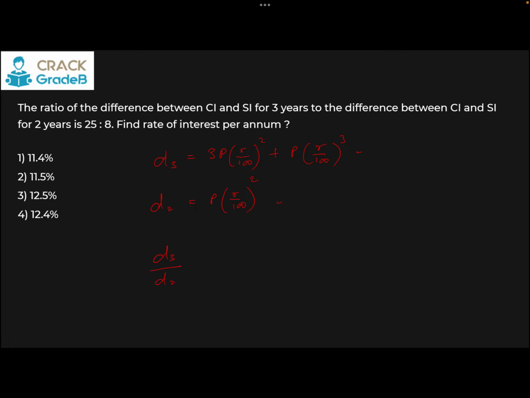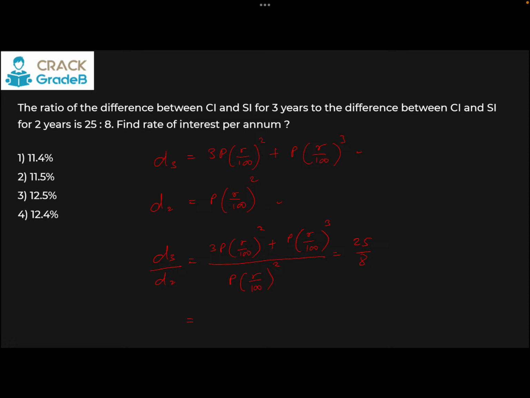So the difference for 3 years and the difference for 2 years is 3 times P into R upon 100 whole square plus P into R upon 100 whole cube, upon P times R upon 100 whole square. This ratio is 25/8. Now it might seem a little lengthy. It is not at all.